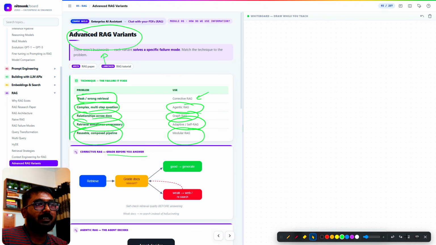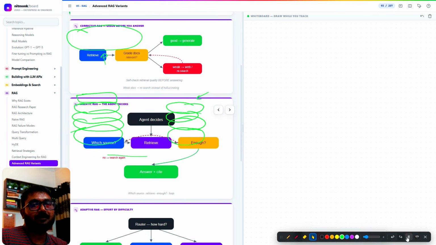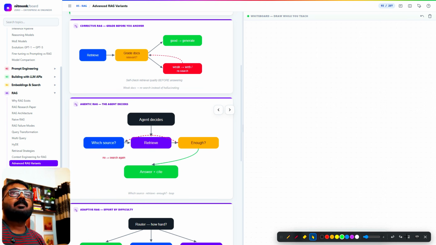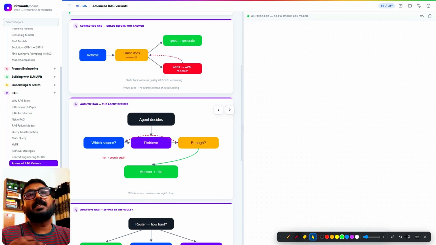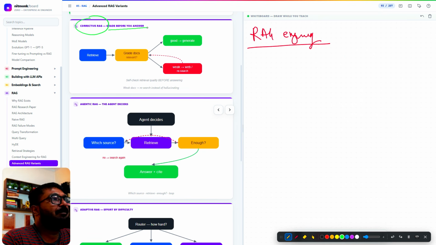So corrective RAG is grade before you answer. We'll try to understand each one of them one by one. So these are the different types of RAGs. Once you do the engineering, I'll call it RAG engineering here, and what we are trying to do here is the corrective RAG. Grade before you answer. There is a retrieval happening. Grade the docs: if relevant, good, then generate; if weak, then research.